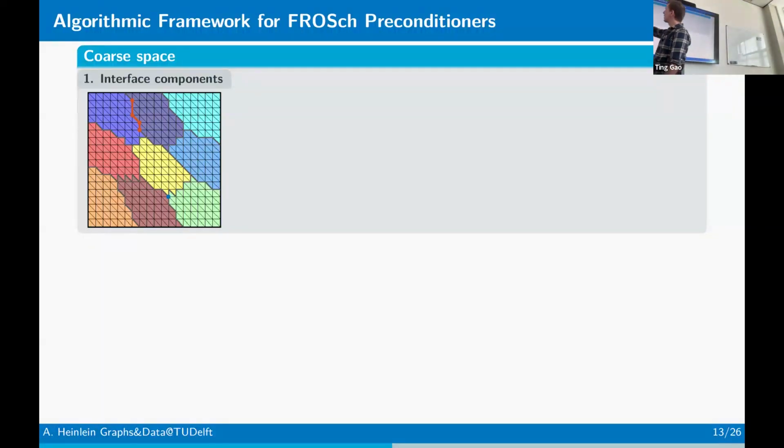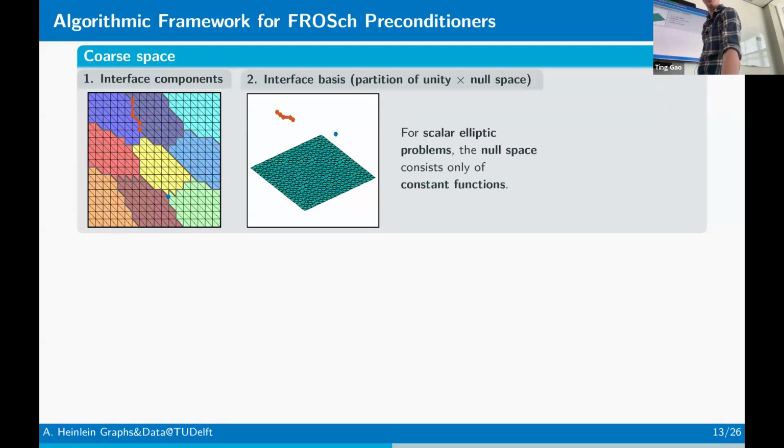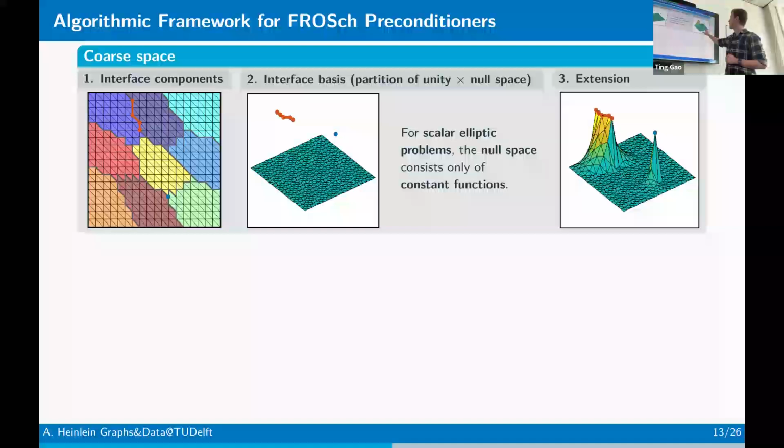So the first thing we have to find is the edges and vertices. Then, as I said, we find functions which are 1 or a constant on those edges and vertices. And then this is solving local problems.